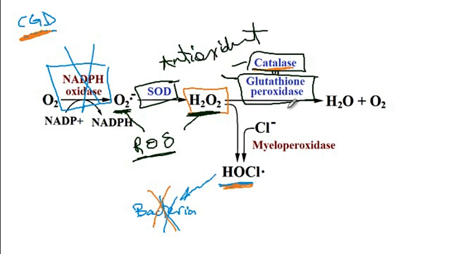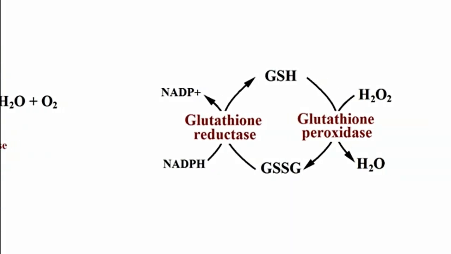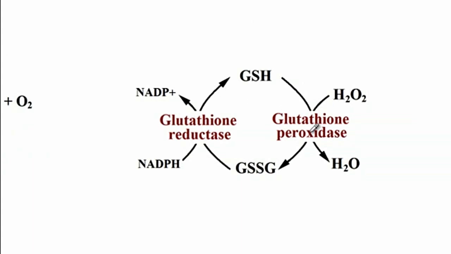enzymes. And glutathione peroxidase is dependent on reduced glutathione in order to detoxify hydrogen peroxide. So here, as you can see in this reaction, glutathione peroxidase will neutralize H2O2 by combining it with the reduced form of glutathione to yield water and the oxidized form, GSSG. And here we can add half of O2 as well.